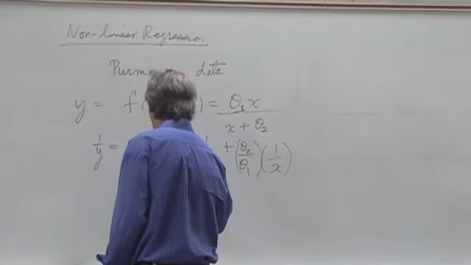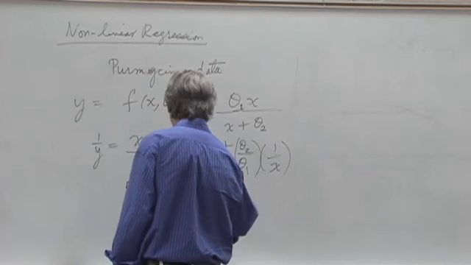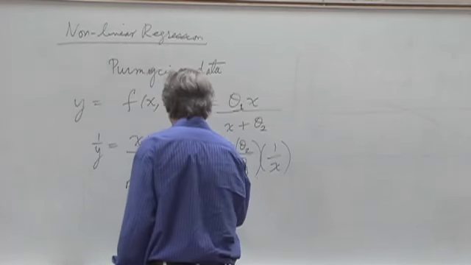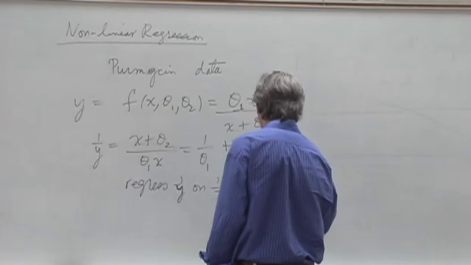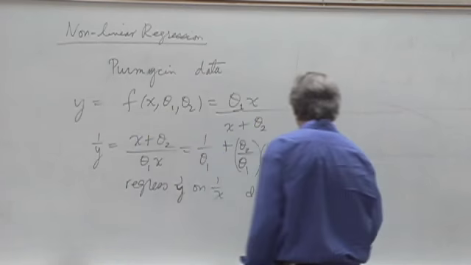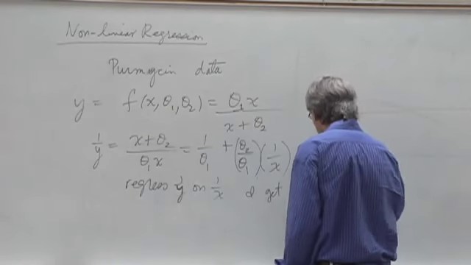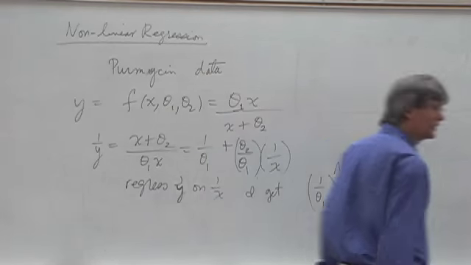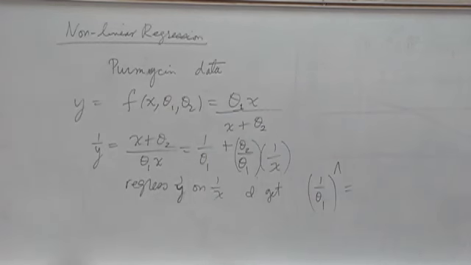If I regress 1 over y on 1 over x, what do I get? I'll just tell you what I get in this data. I get 1 over theta 1 hat equals, what's the intercept? Intercept equals 1 over theta 1 is 0.005107.